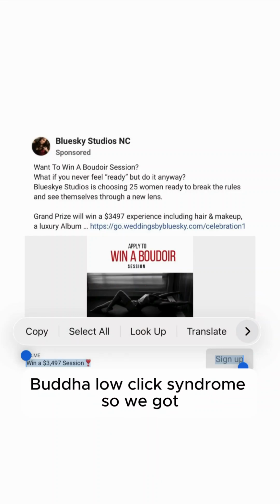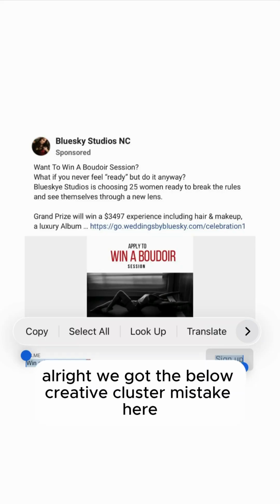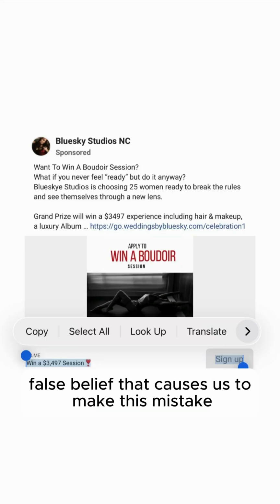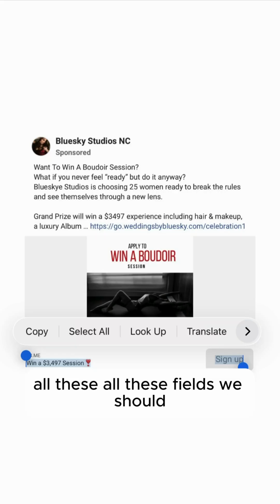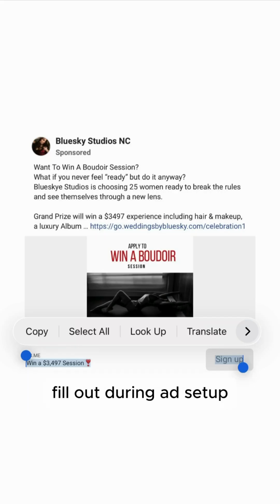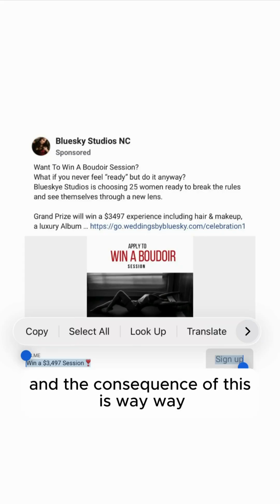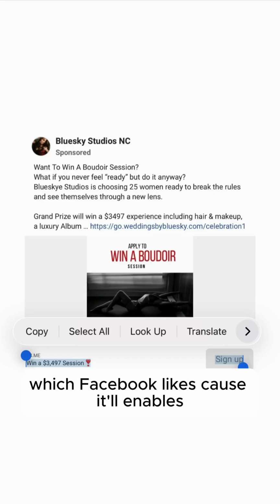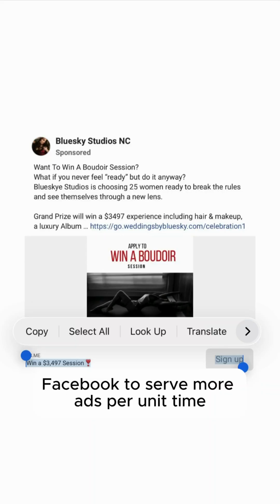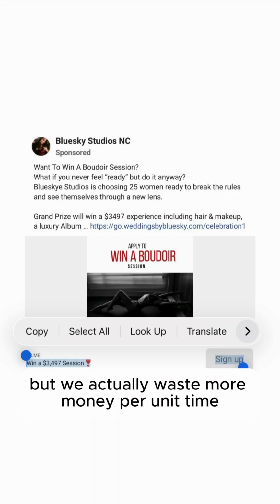So we got the below creative cluster mistake here. The false belief that causes us to make this mistake is we're trusting what Facebook says. All these fields we should fill out during ad setup is actually what we should fill out. And the consequence of this is way, way more women going to be scrolling by our ad than necessary, which Facebook likes because it enables Facebook to serve more ads per unit time, make more money per unit time, but we actually waste more money per unit time.